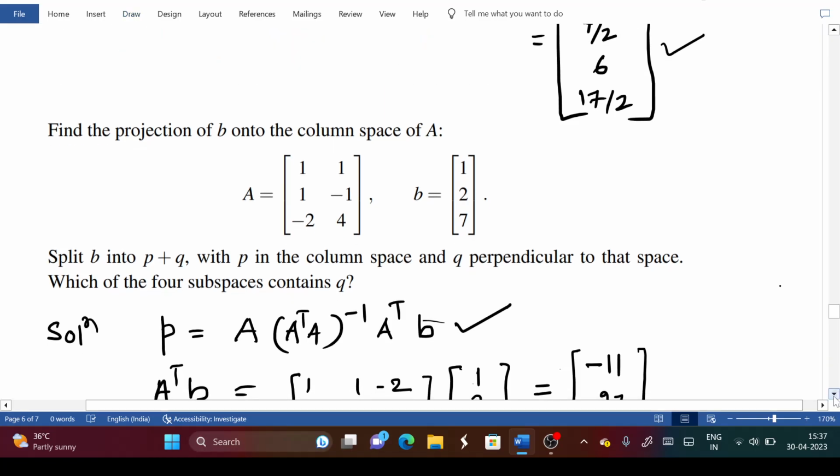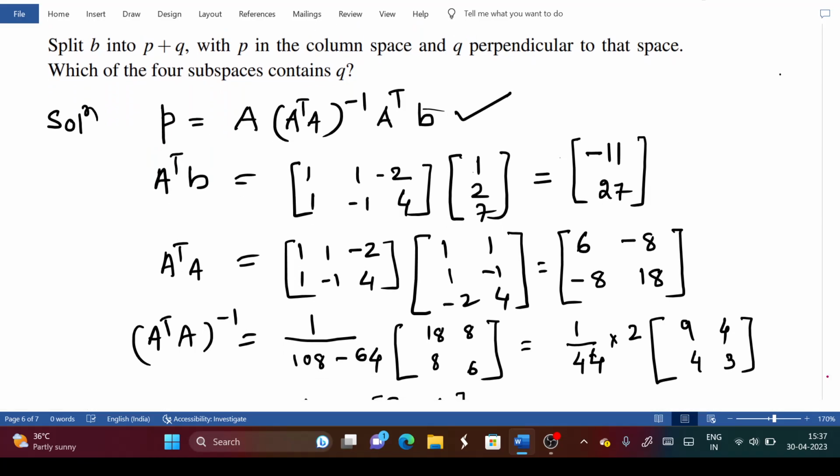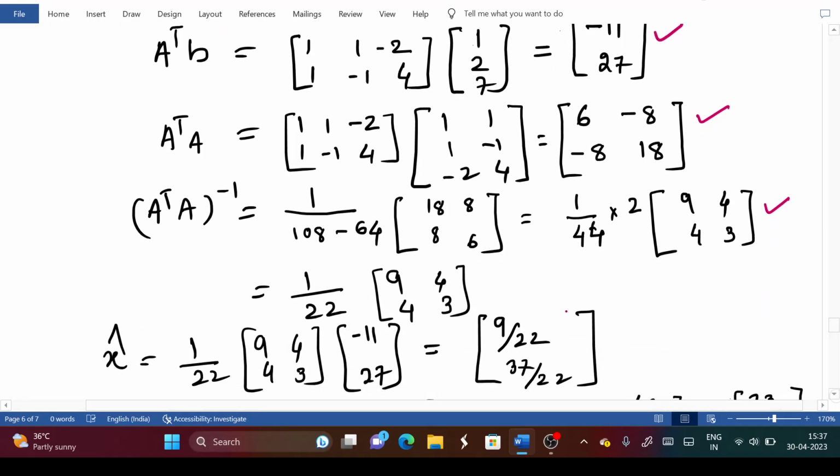Now what are we getting? It is the projection vector formula: A times the inverse of A transpose A, times A transpose B. Here this is A transpose B, this is A transpose A, and this is its inverse, so that is 1 by 22. Finally this one is the inverse.